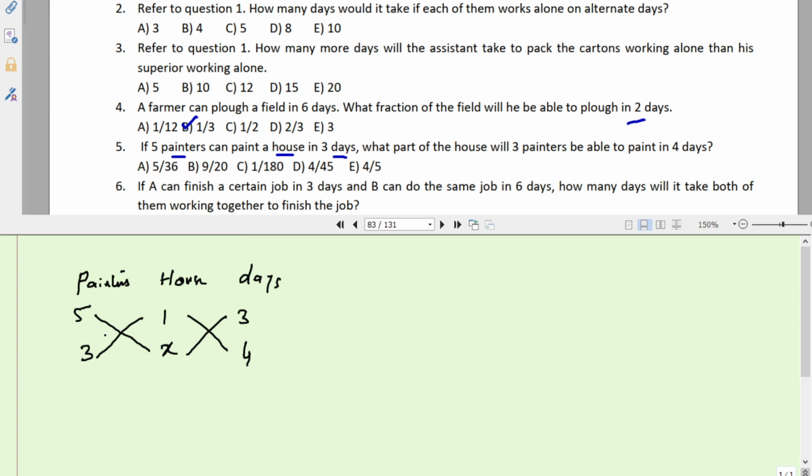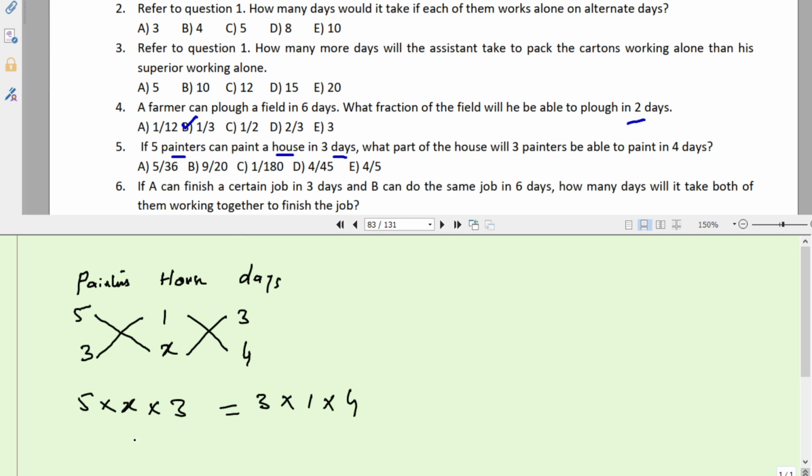you need to follow these lines. 5 times x times 3. Follow the line, simple. Is equal to 3 times 1 times 4. That's it. All you need to do is find out the value of x, that is how many houses will be painted.